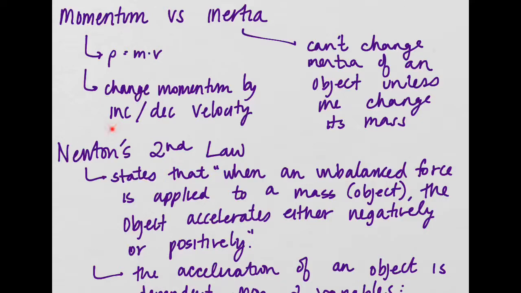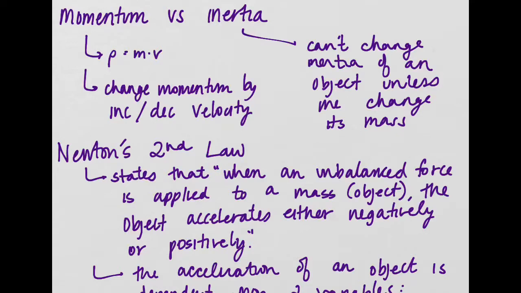So a change in momentum can be produced by increasing or decreasing our velocity, right? We could also increase or decrease our mass, but we could also increase or decrease our velocity. With inertia, we can't change the inertia of an object unless we totally change the mass of the object, right?